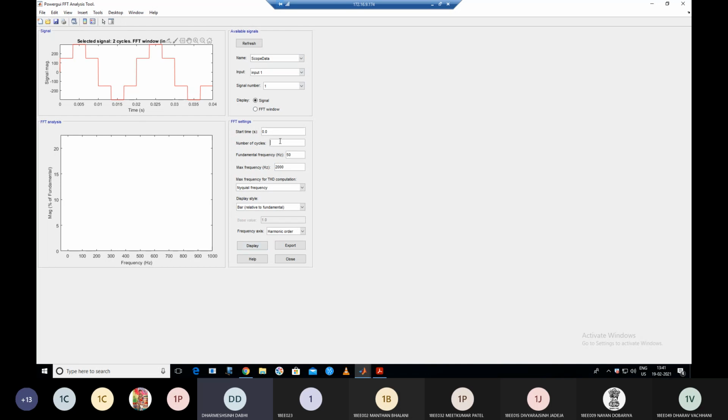Always select the number of cycles as one only, because whatever harmonics you get in the one cycle, the same harmonics you get in the second cycle also.